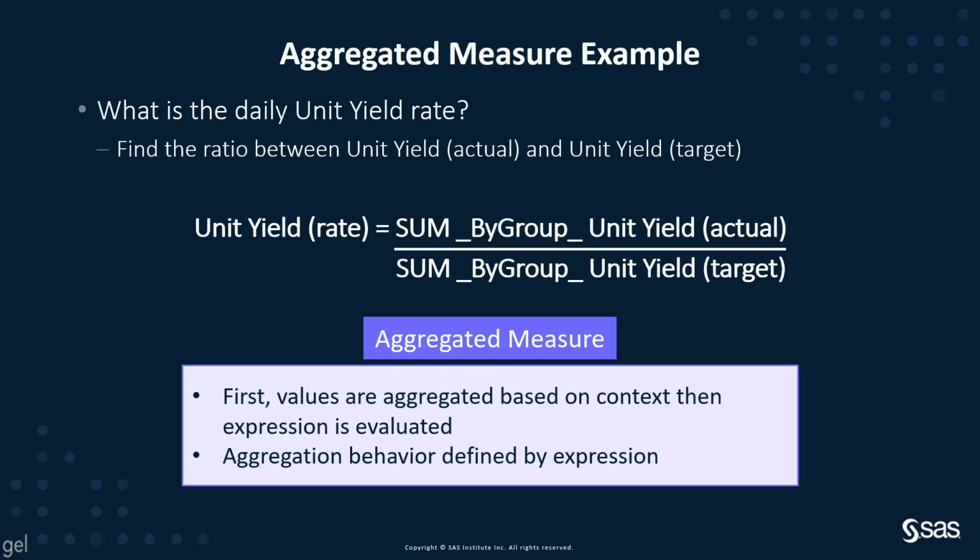Recall that this expression will first aggregate the data based on the defined context, then evaluate the expression. There is no default Visual Analytics aggregation happening. The aggregated measure expression defines how the measure will be aggregated when used in SAS Visual Analytic objects.